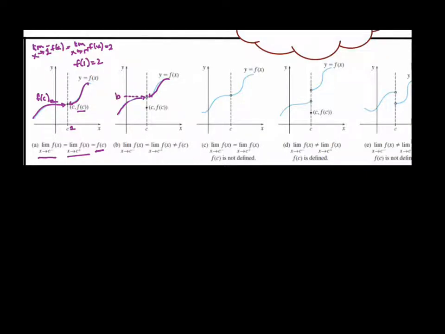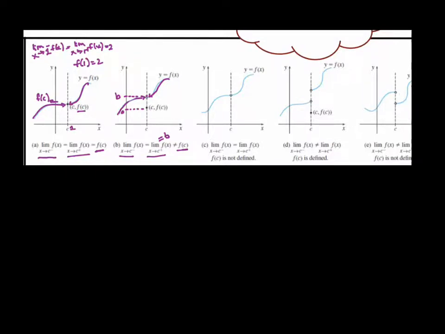The limit of f of x from the left is equal to the limit of f of x from the right, and those are both equal to b, but it's not equal to what the function is at c. So the limits from the left and right at c aren't equal to f of c, because f of c is down here at a. Okay, so that's the third one I want you to be aware of.